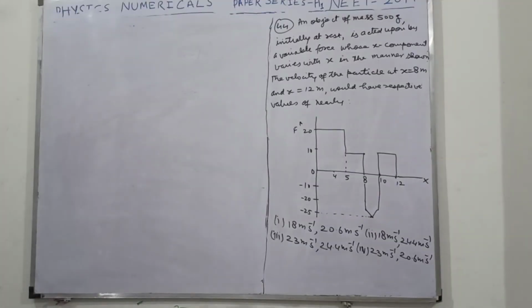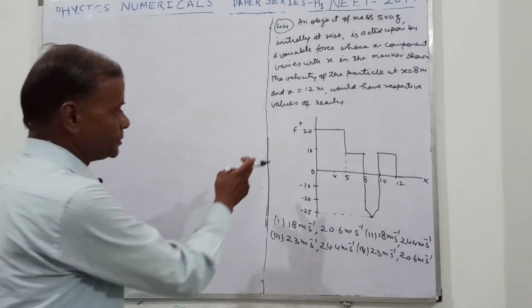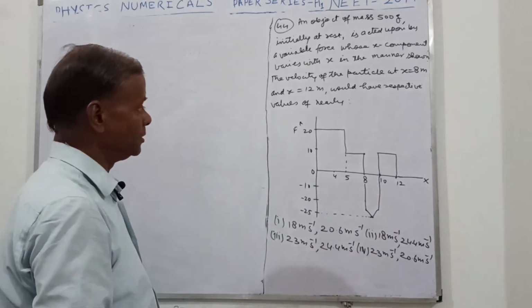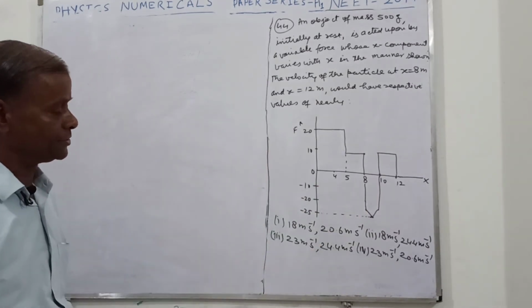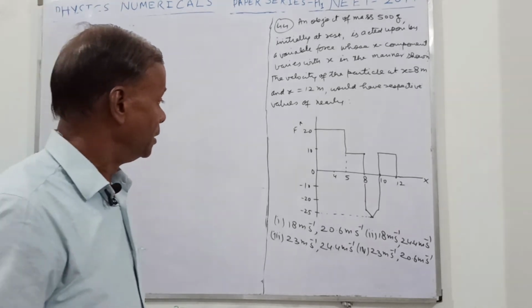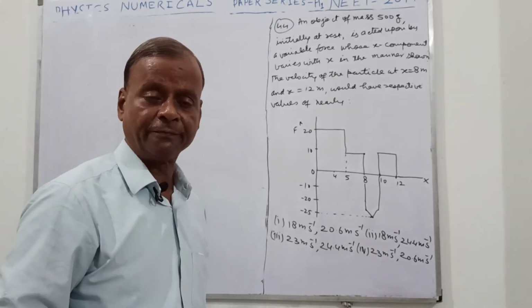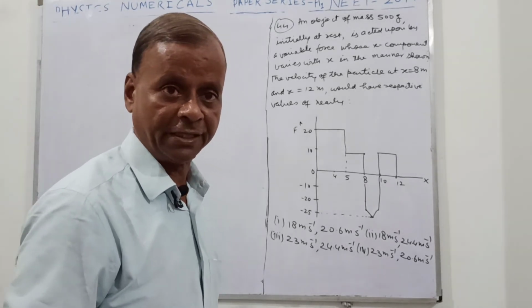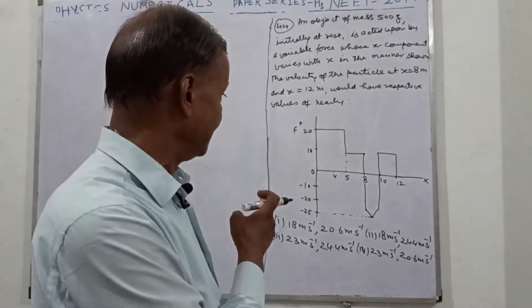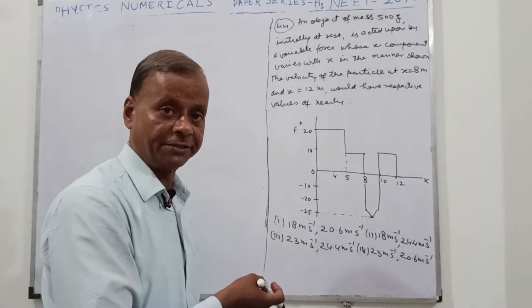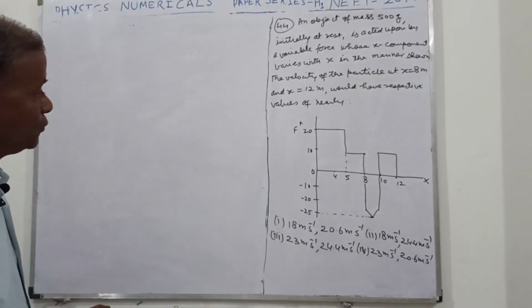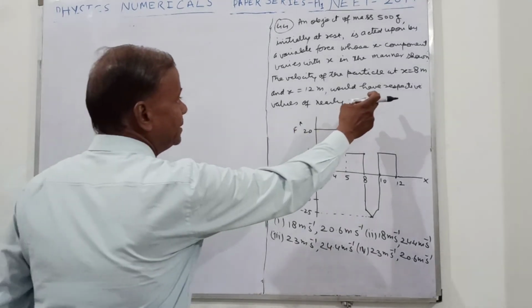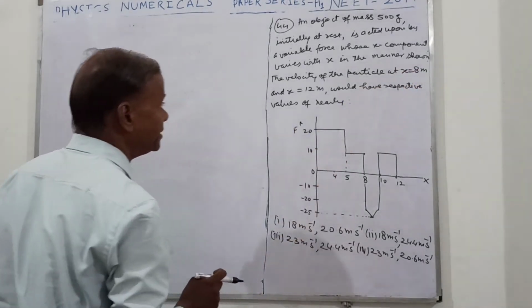Now what we have, this is the force, this is displacement, so the area of each segment will equal to the work done, and by using the theorem of work energy, we can have this work done is equal to the kinetic energy. So first we will find at x equal to 8 meter.